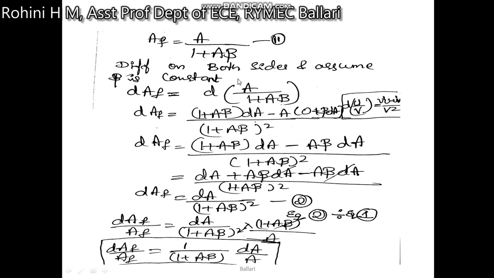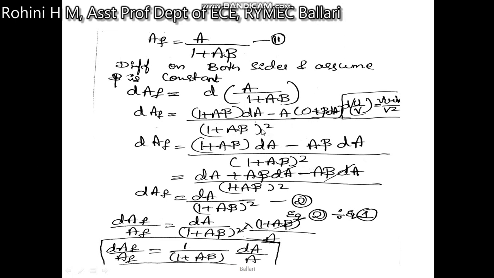When we take differentiation on both sides, assuming beta is constant, the left side gives dAF. The right side is in u by v form, and the differentiation of u by v is, over the denominator squared, the differentiation of the numerator times the denominator minus the differentiation of the denominator times the numerator. We are applying the same technique here.